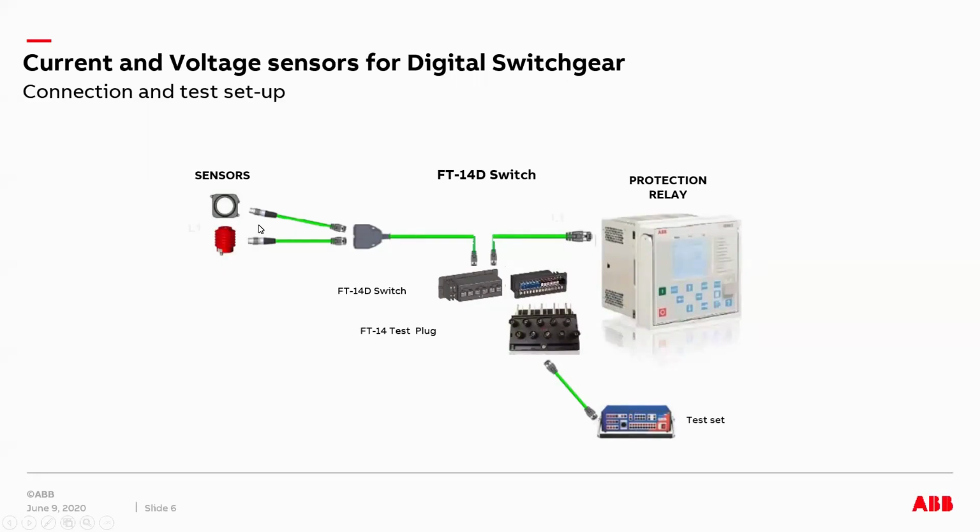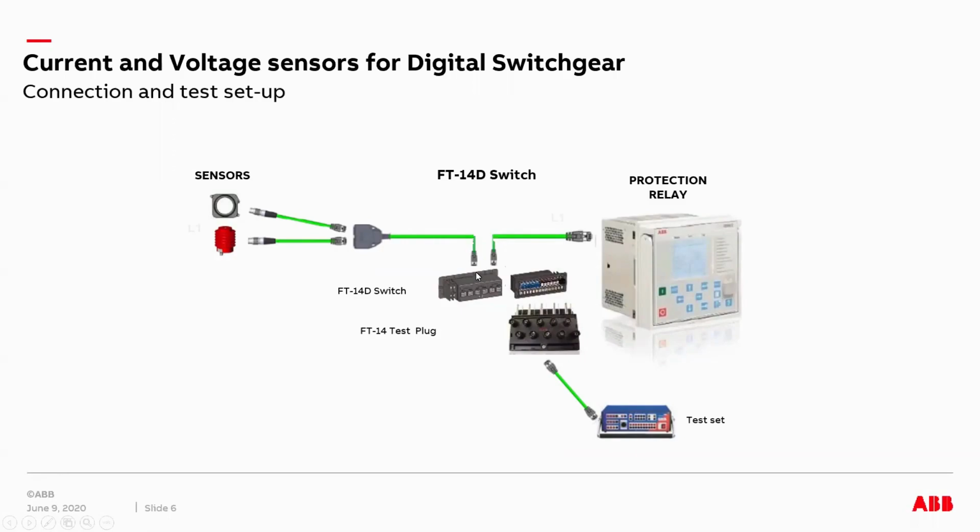The output of these devices is a millivolt or volt signal, which goes into an adapter. This is per phase. What you see here, let's say, is an A phase current sensor and the voltage sensor, and then it goes through an adapter. The signals are combined and fed into the IED. What you see here is a test switch called the FT14D.